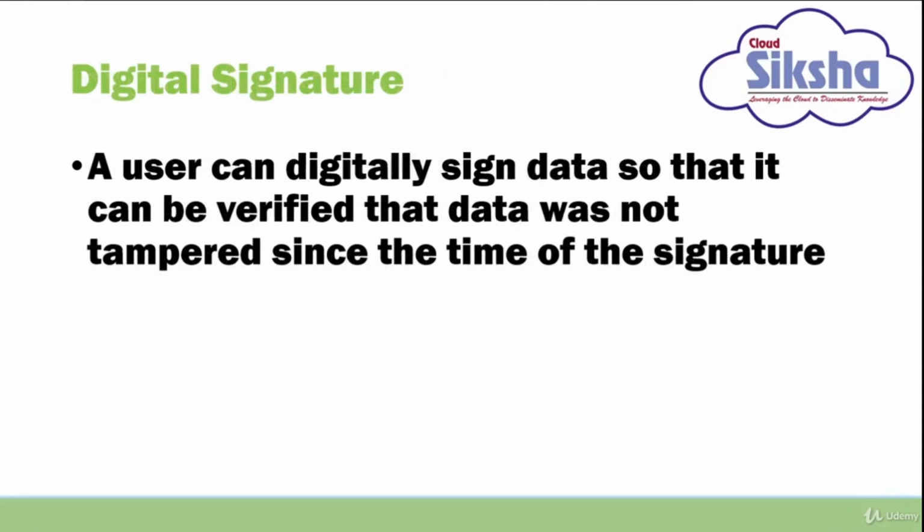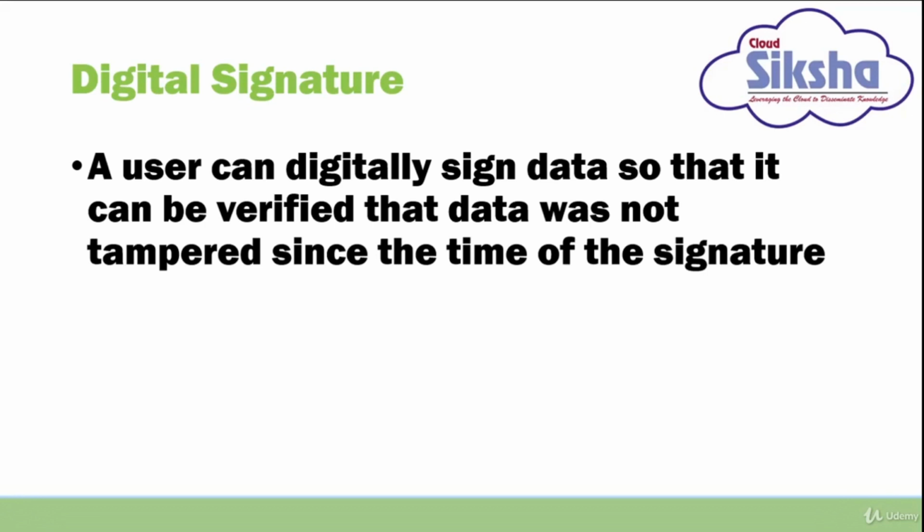Another thing which is commonly used in cryptography is a digital signature. A user can digitally sign data so that the receiver can verify that the data was not tampered with since the time of the signature. If you download something from open source, from Linux, you will find that along with that they give you a hash key, that's a digital signature.